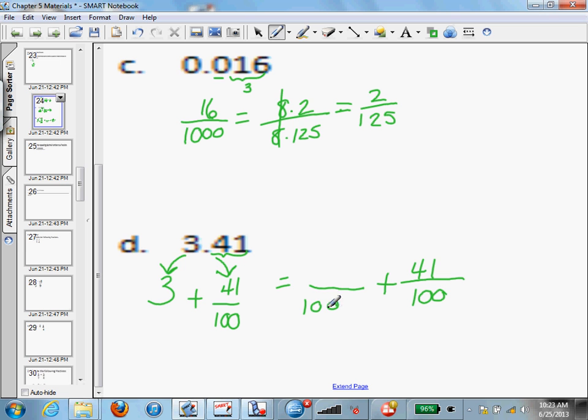So what we do is to take the denominator we wish to have and multiply it by what we have already. So we have 100 times 3, that's 300, so that's going to be our new numerator. So now our fraction is going to be 341 over 100, because we just added, keeping our same denominator. And that will not reduce.